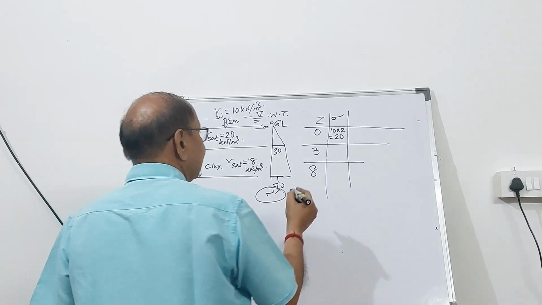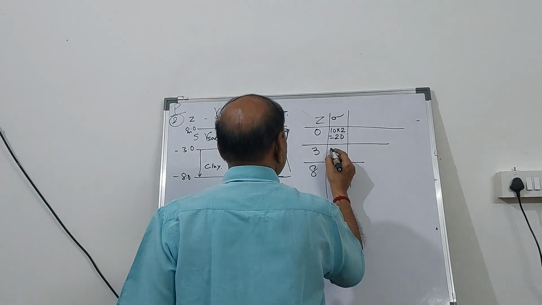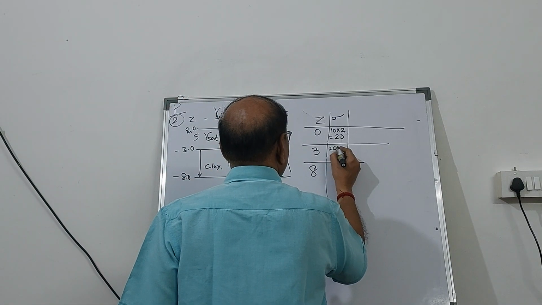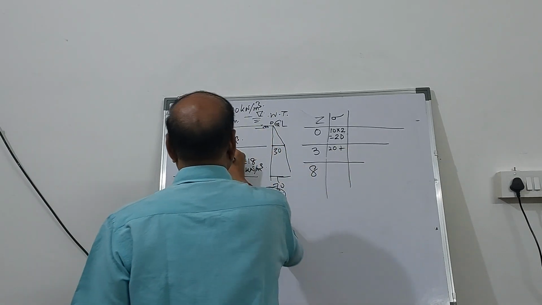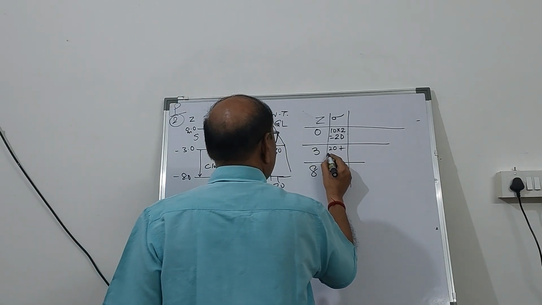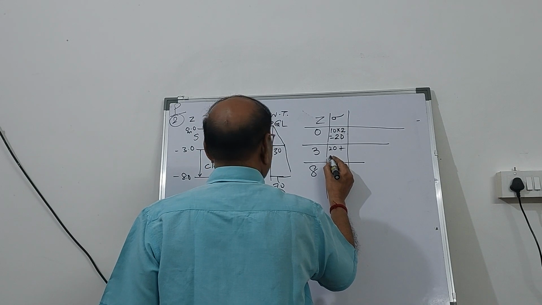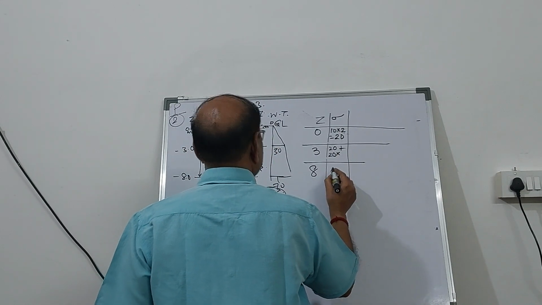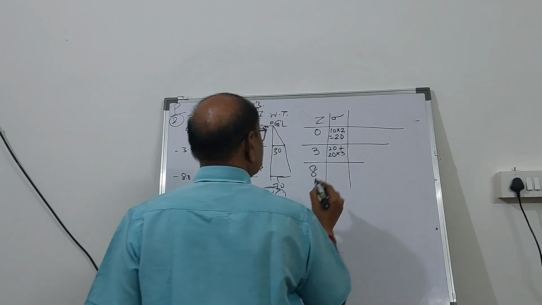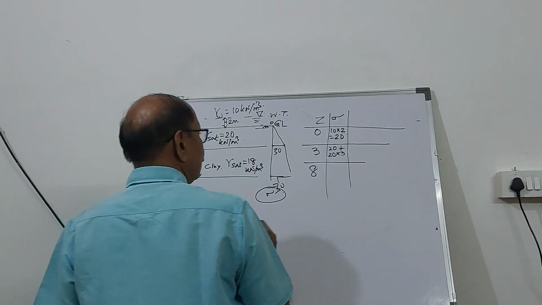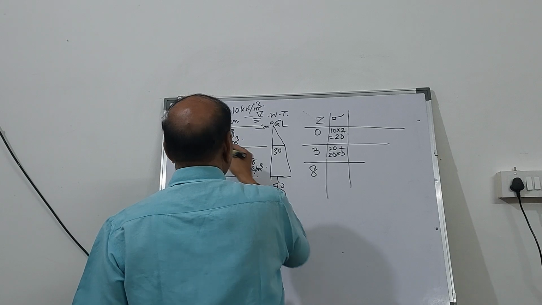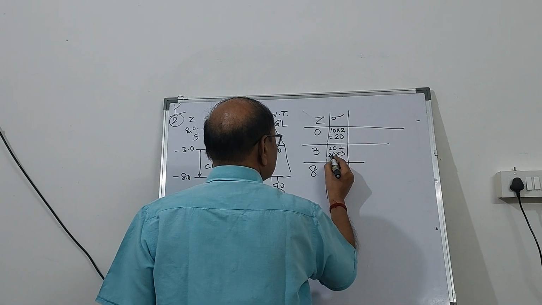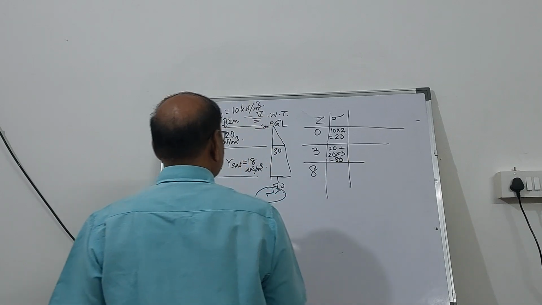And at 3 meter, this is going to be 20 plus gamma saturated, which is 20, multiplied by 3. So gamma saturated into the column of soil. So it becomes 60 plus 20, which is 80.